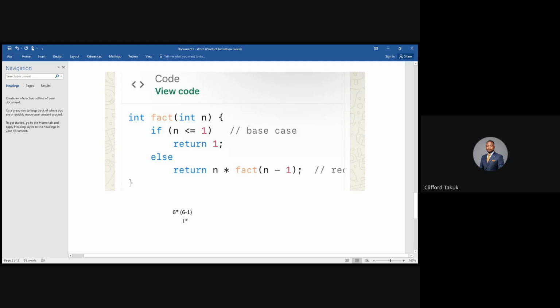Is 5 less than or equal to 1? No. Then we return again, so n now becomes 5. So times brackets open 5 minus 1. This is how it's going to be. Times again.